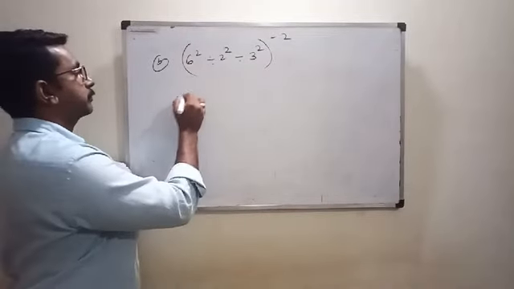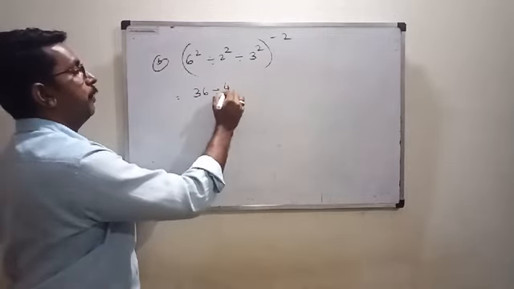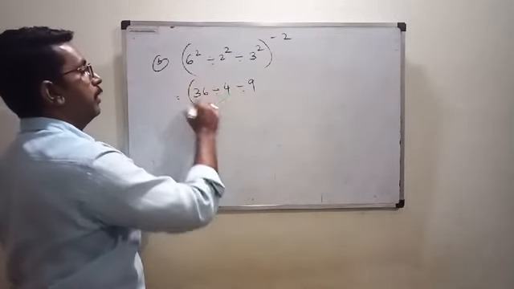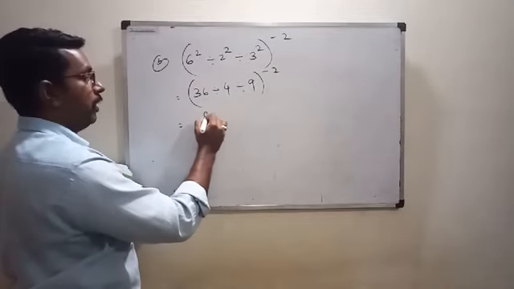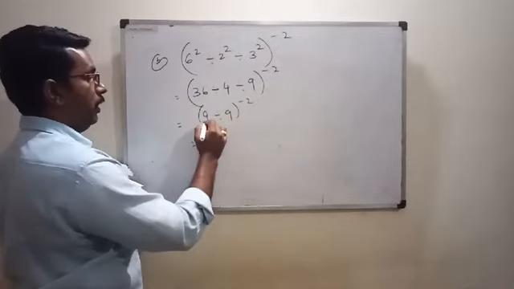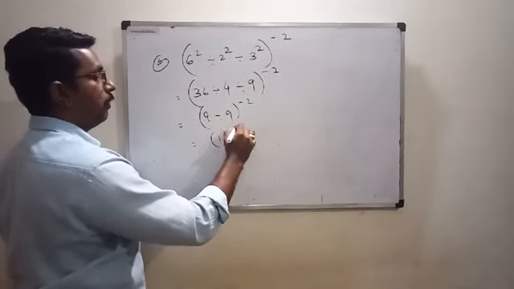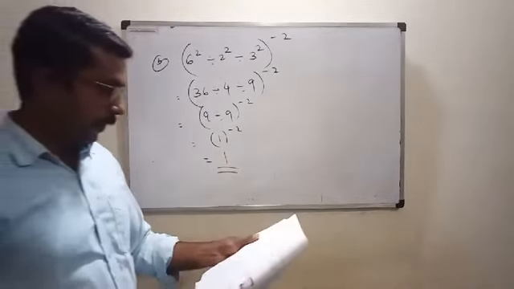Look at this one. 6 square is 36, divided by 4, divided by 9 to the power minus 2. 36 by 4 is 9, divided by 9 to the power minus 2. 9 by 9 is 1 to the power minus 2. What is the answer? Answer is equal to 1. Okay.